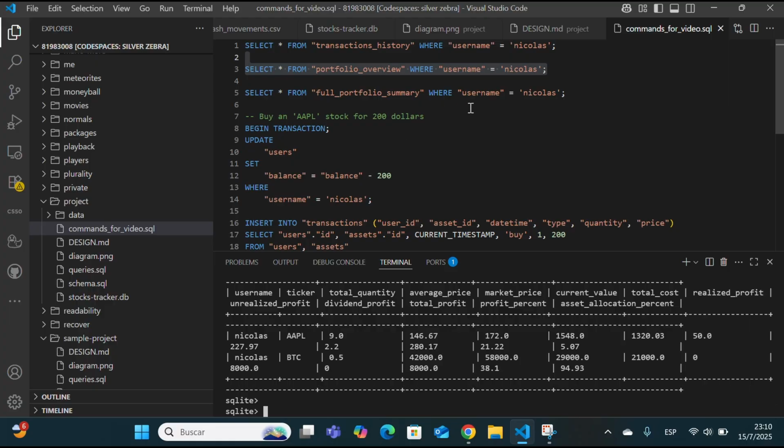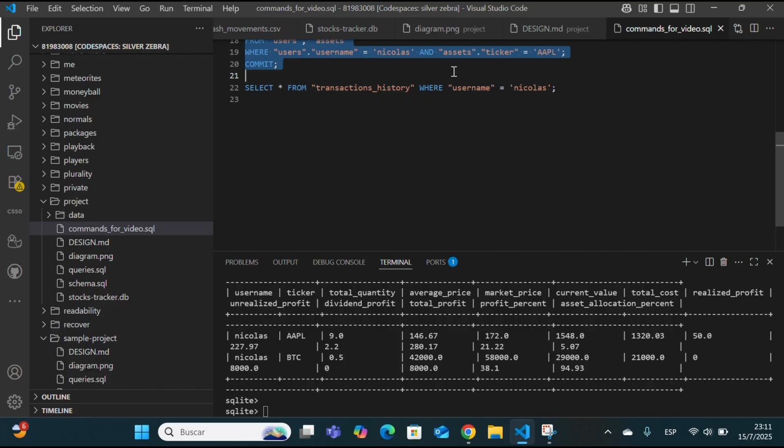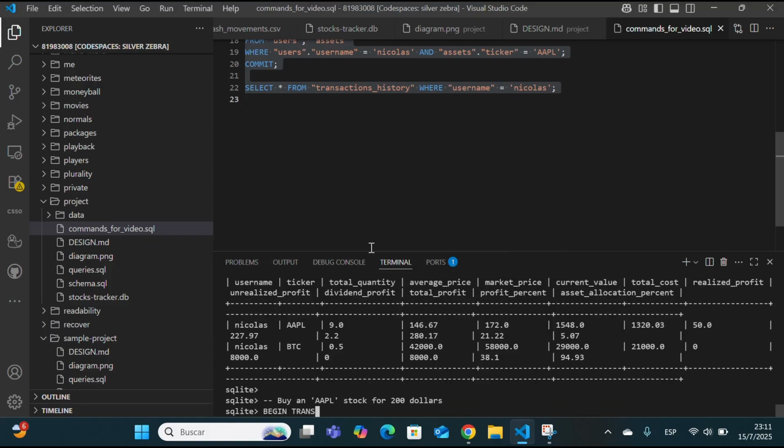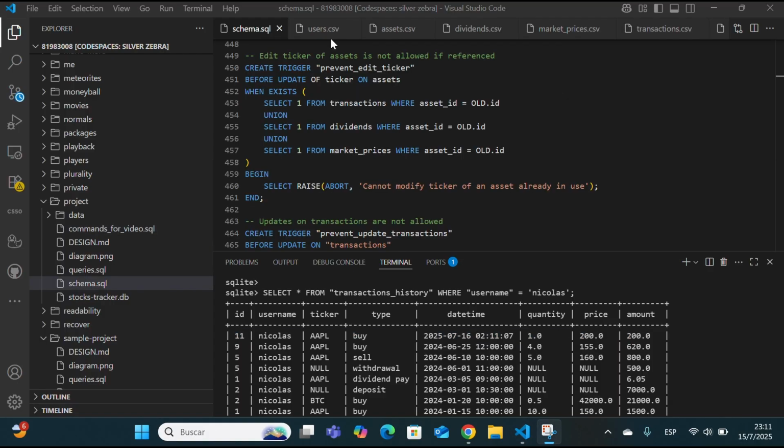Then I could make a transaction like buying some stock of Apple, for example. Given the transaction, I should see that I have bought an Apple stock.